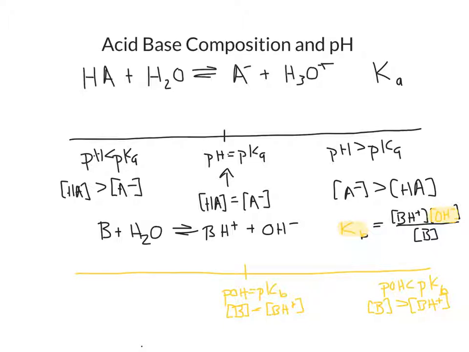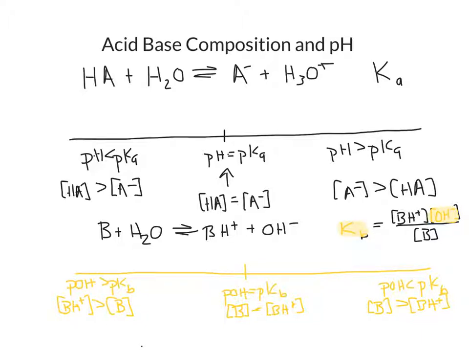And if we have a pOH that is greater than the pKb, then we will have a smaller OH- concentration, and so our reaction will try to make more OH- and make more BH+, more conjugate acid in the meantime, and use up some of the conjugate base, and so we'll end up with a conjugate acid concentration that is greater than the conjugate base concentration.